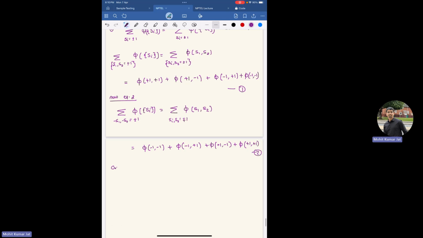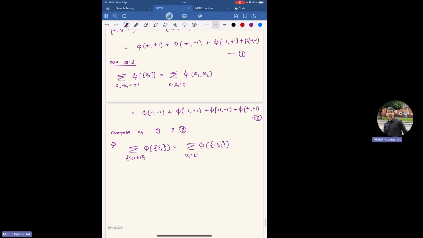Compare equation 1 and 2. This gives you that the summation over all Si's equals plus minus 1 of phi of Si is equal to the summation over Si equals plus minus 1 of phi of minus Si.